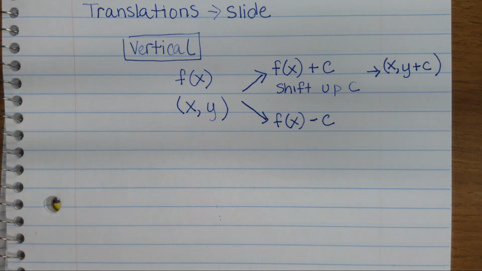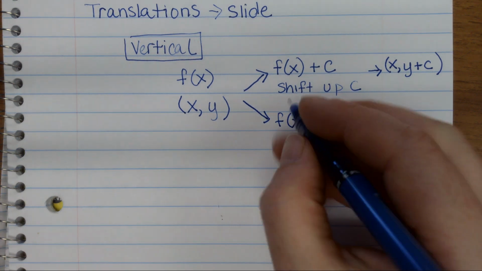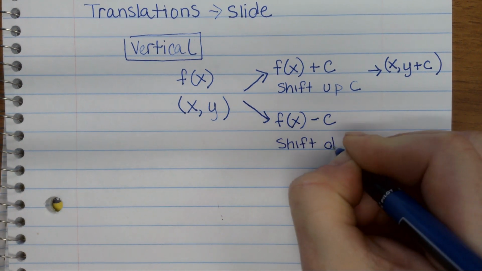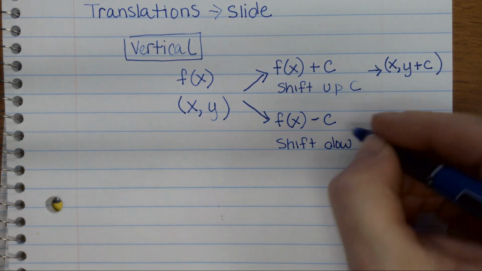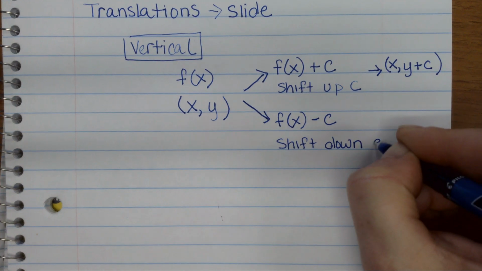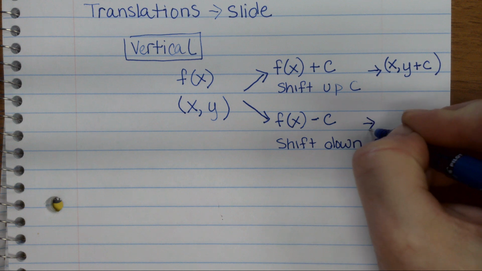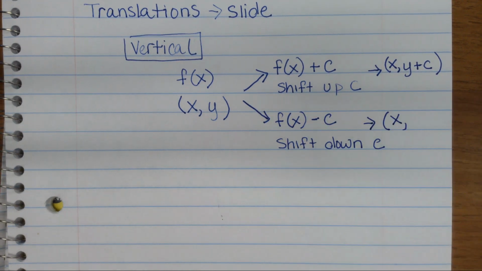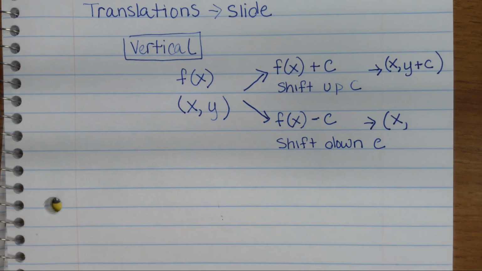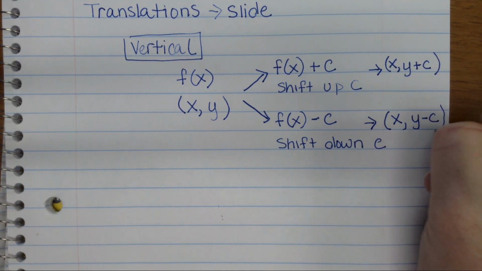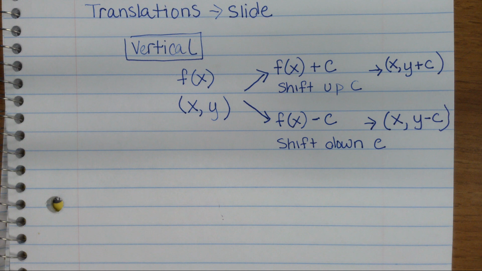Yep, you can just point for me if you want. That shifted things down by c. And so once again, if you were dealing with points, you would not change the x coordinate, but you would move each of the y values down c. So those are our vertical transformations.